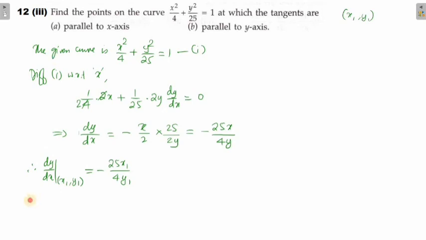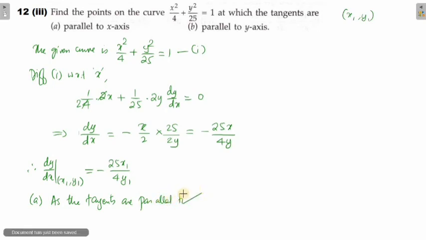Now, as the tangents are parallel to the x-axis, tell me, what is the slope of the x-axis? The slope of the x-axis will always be equal to 0. Please remember that.